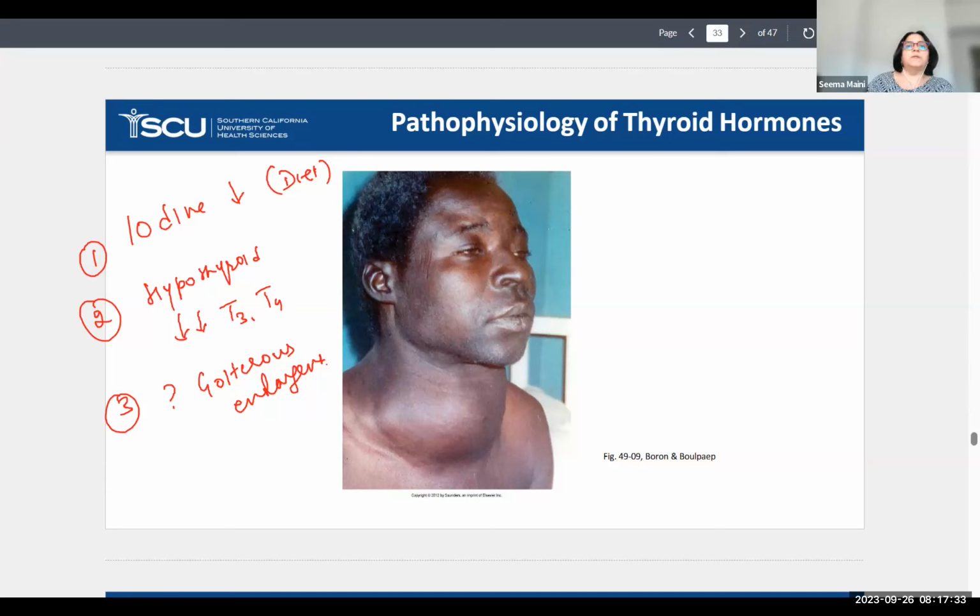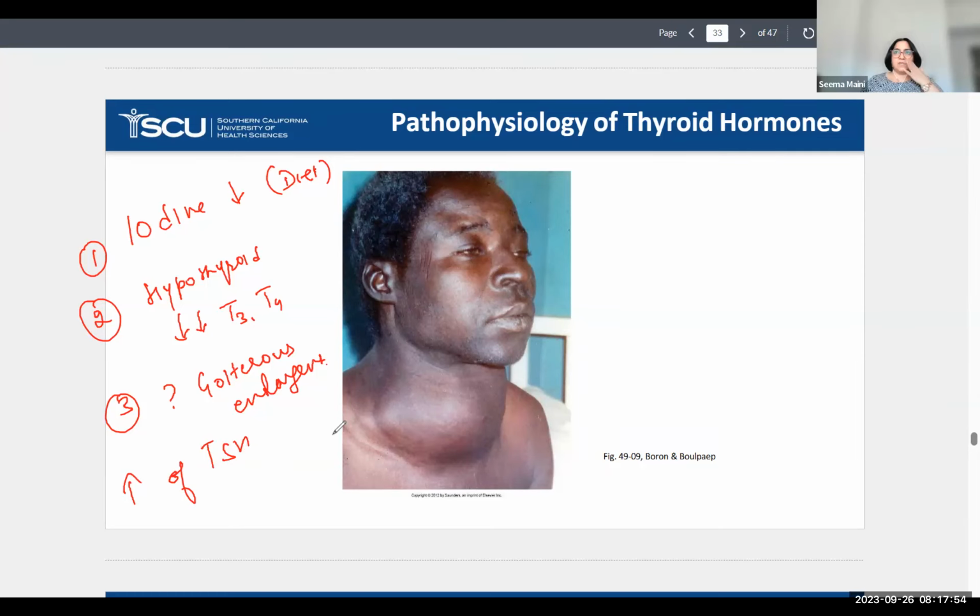Can you think about it, okay, let me see the chart. Yes, hypertrophy due to negative feedback. Excess production of what? You're right, excess production of TSH. Yes, good.